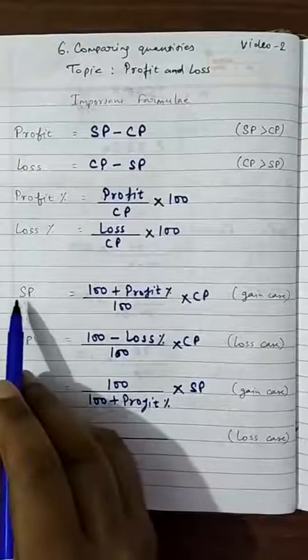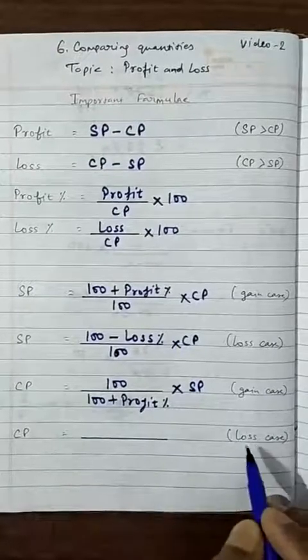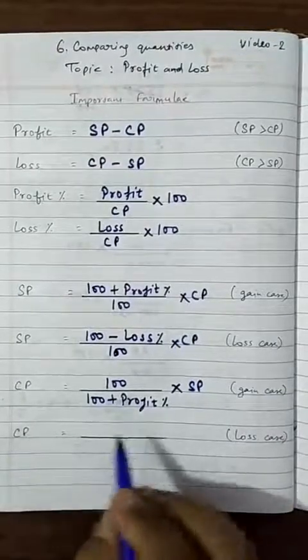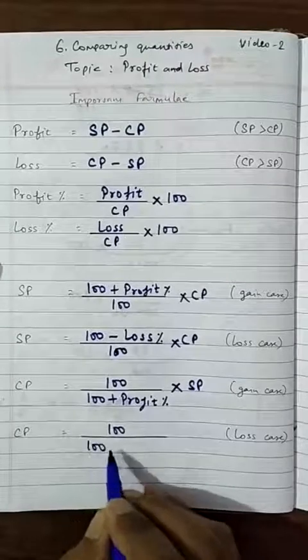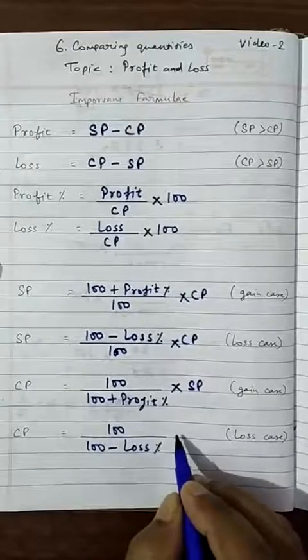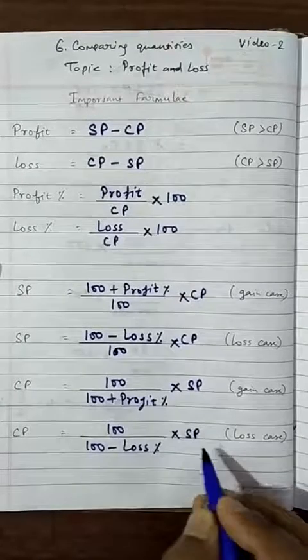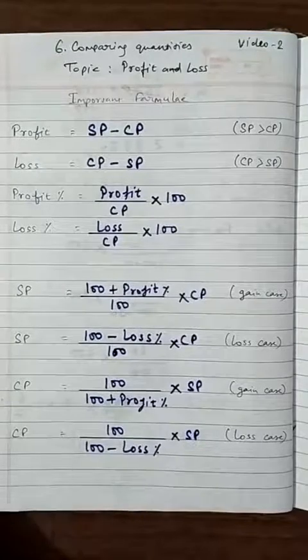And when SP is here, CP is here. Reverse order. In the case of loss, the formula for CP is 100 upon 100 minus loss percent multiply by SP. So these are the formulas that you have to learn by heart.